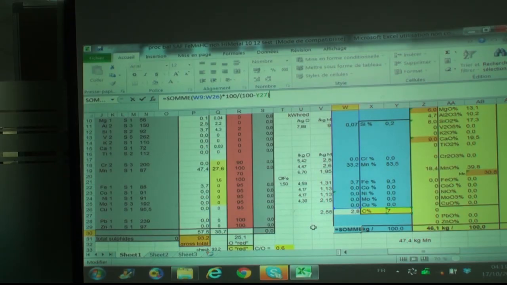So the sum is 60 over 90%. This is 60 over 0.90, and this is 66.6 kilo. So what I need here is 6.6.